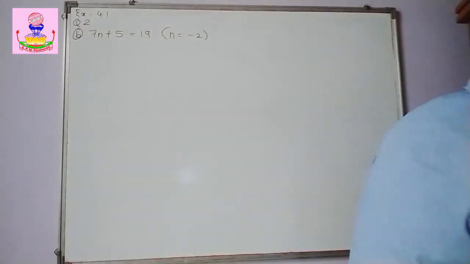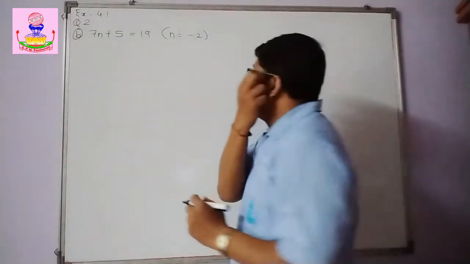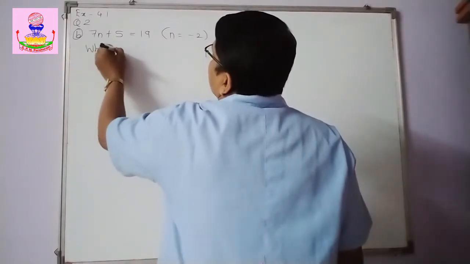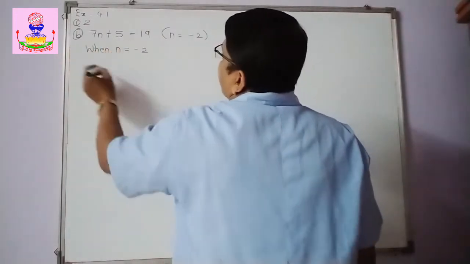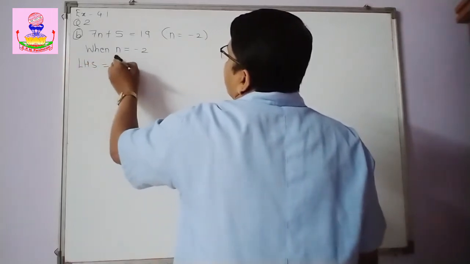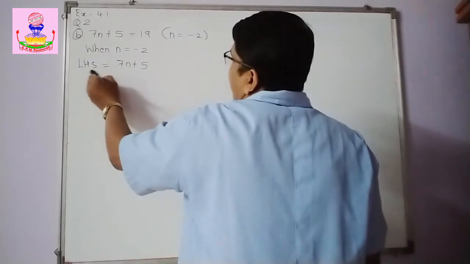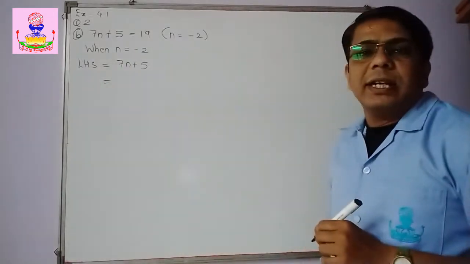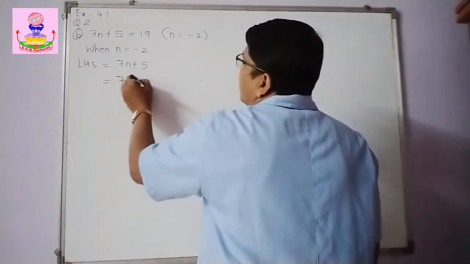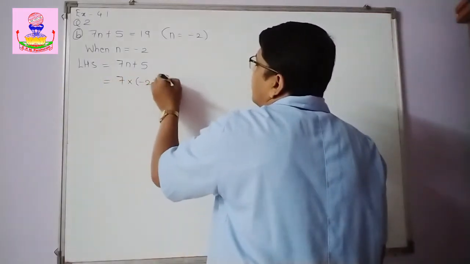So when n is equal to minus 2, LHS, what is LHS? 7n plus 5. Now the value of n is given as minus 2. So 7 into minus 2 plus 5.